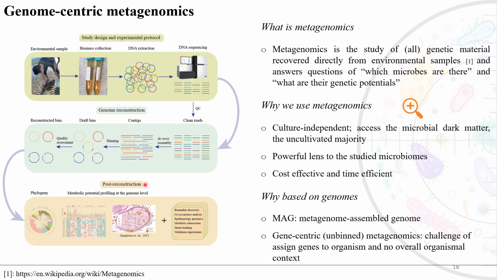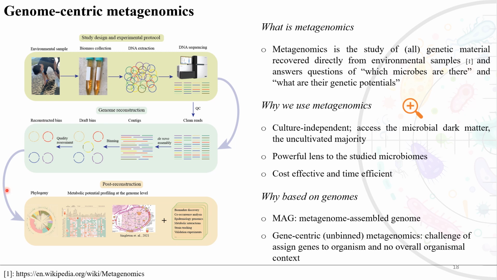Here is a typical workflow for genome-centric metagenomics. Based on the study design, we collect the sample, extract the DNA, and perform the DNA sequencing. After QC, we can get the clean reads. These clean reads will be assembled into contigs, followed by binning and quality assessment.